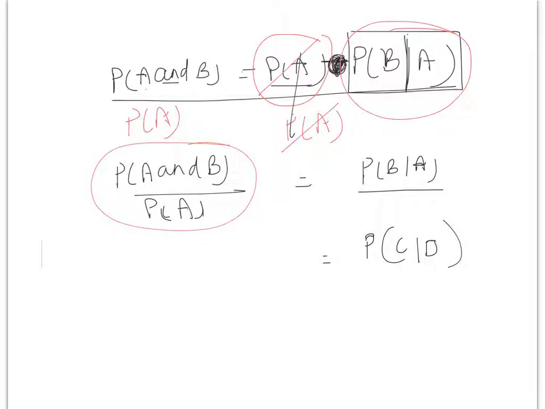So look at the pattern here. If the two events are B and A, the numerator of the rule that gives us the conditional probability is probability of A and B happening, that is, both happening together.